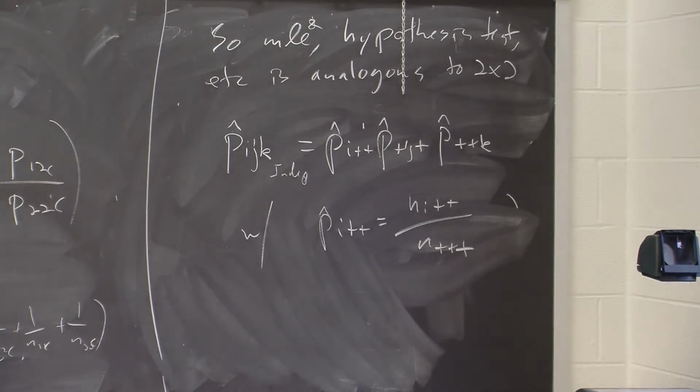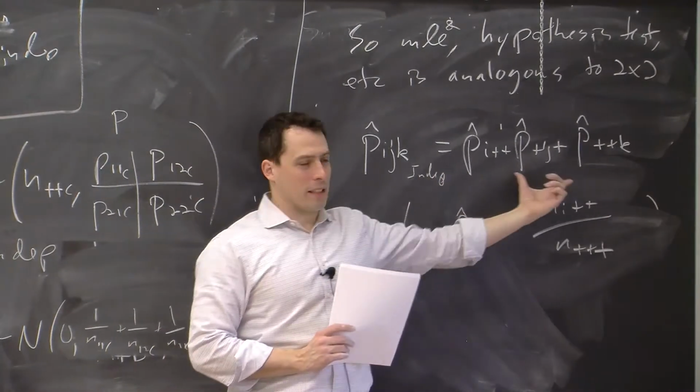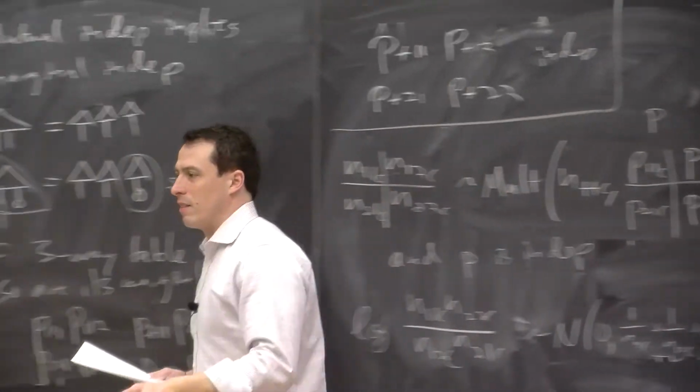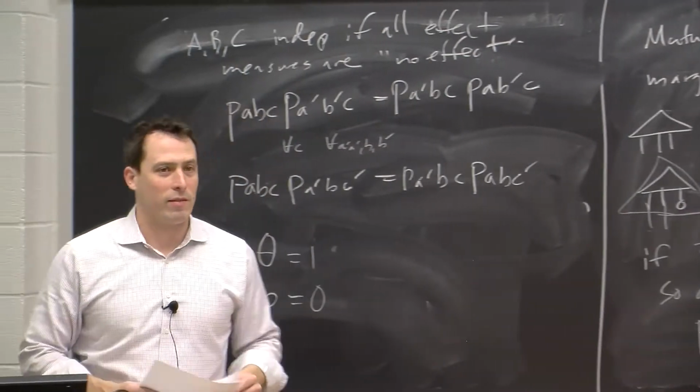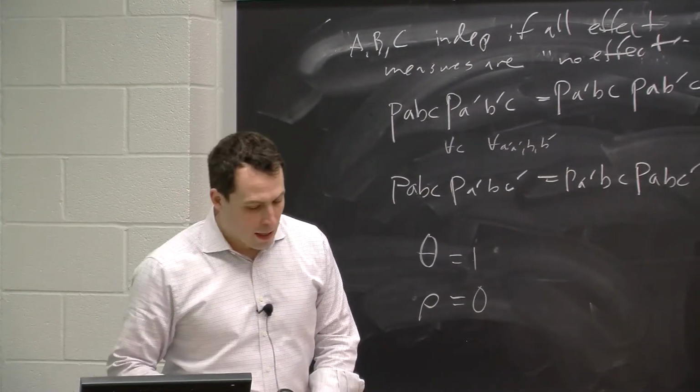So at least in the case of these independence and joint independence models that we'll talk about in a second, all we do is the obvious thing, the extension of the 2x2 thing, carefully, because it's easy to lose track of what we're summing and what we're fixing. But conceptually, it's really the same idea.